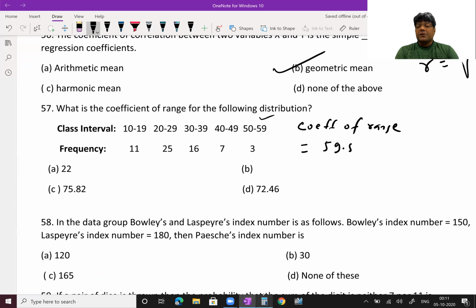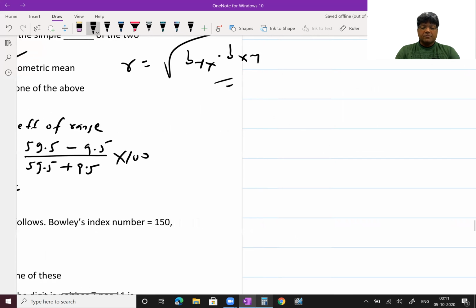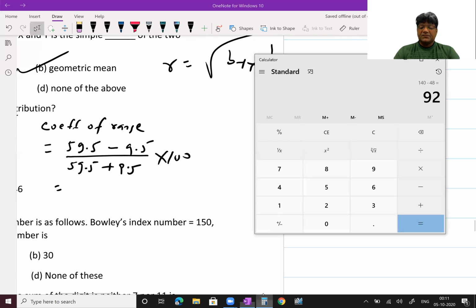You remember, the upper class boundary of the last class is our maximum value, minus the lower class boundary of the first class, that is 9.5, divided by 59.5 plus 9.5, into 100. Numerator is 50.